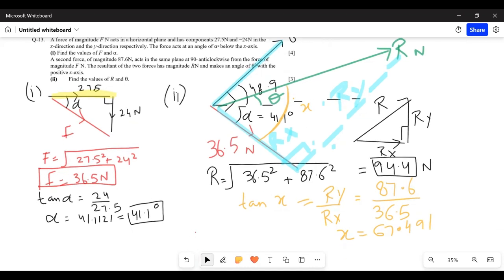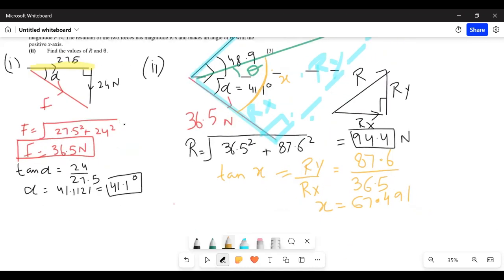But x has both alpha and theta in it. So you can write 41.1 plus theta is equal to this. So then when you subtract, you get theta equals 26.3 degrees.